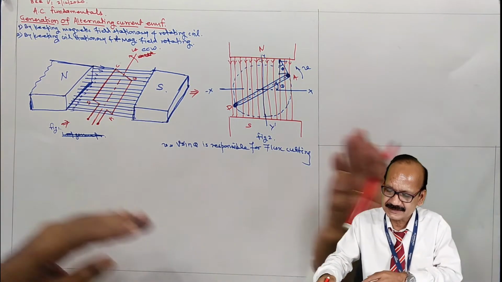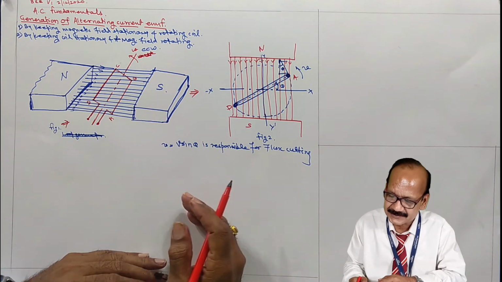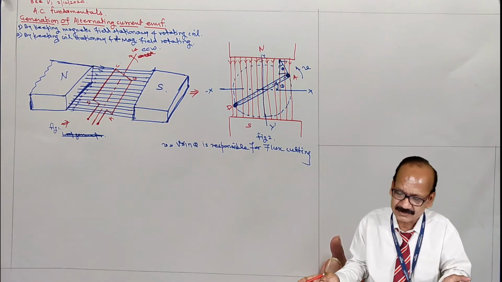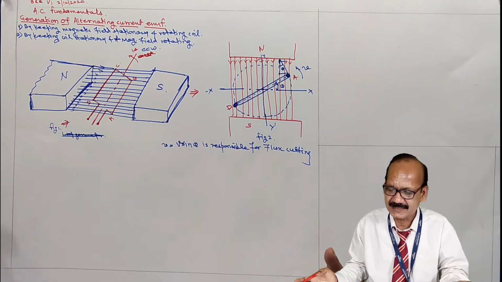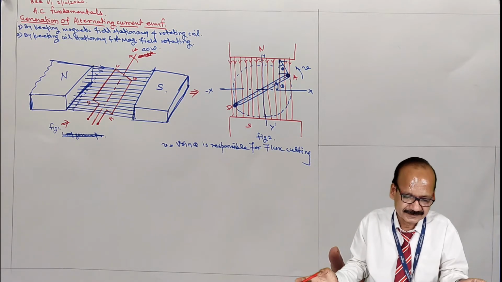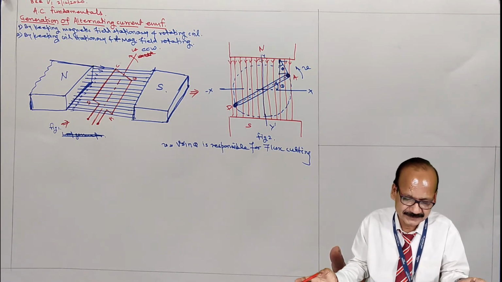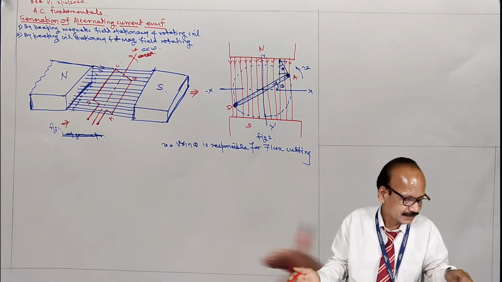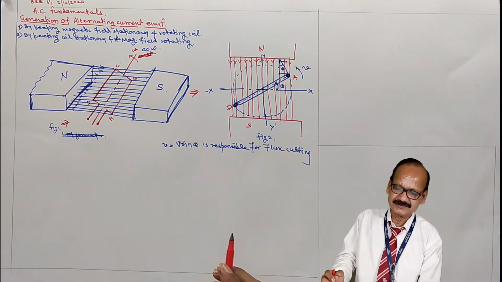But when the coil starts rotating in a counterclockwise direction, it cuts the magnetic flux, and according to Faraday's laws of electromagnetic induction, EMF gets induced in it. The magnitude of this induced EMF we have already obtained by dynamically induced EMF, that is B l v sin theta in one conductor. Now let us have a derivation of this one.